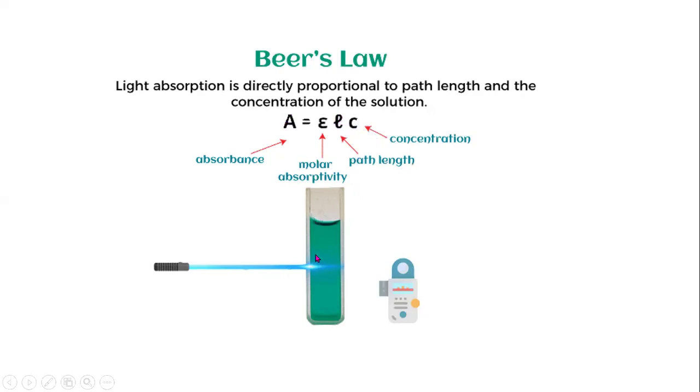This is a diagram showing a beam of light passing through a solution. The absorbance obtained from the readings in the spectrophotometer is directly proportional to the path length, the molar extinction coefficient, and also the concentration of the absorbing molecule.